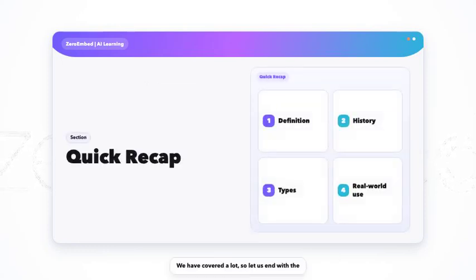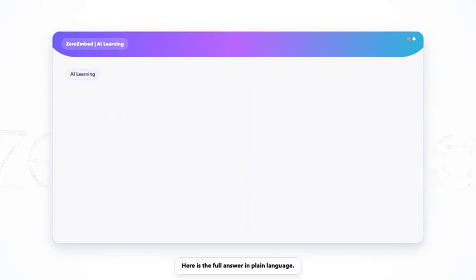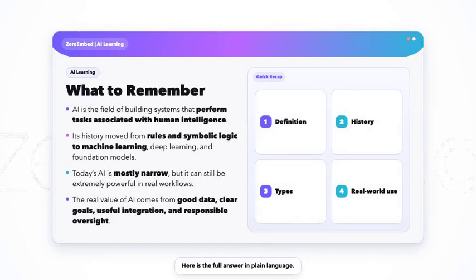We have covered a lot, so let us end with the simplest possible recap. Here is the full answer in plain language. Artificial intelligence is the field of creating systems that can perform tasks usually linked to human intelligence, such as understanding language, recognizing patterns, making predictions, generating content, or helping make decisions.